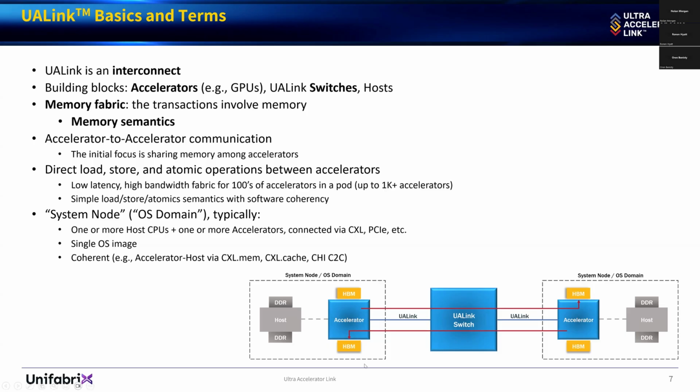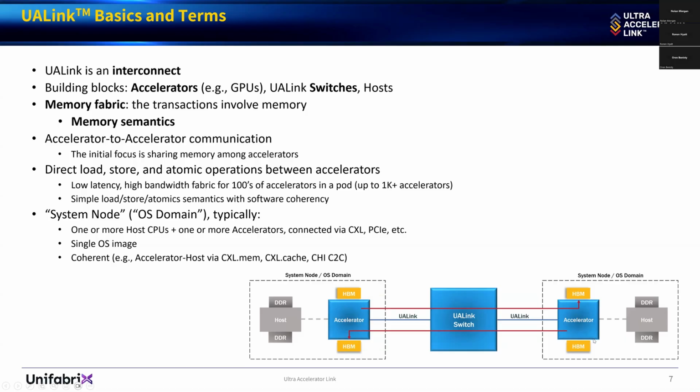We also have here a system node, or an OS domain, which is typically one or more host CPUs and one or more accelerators connected to each other. And this goes typically via CXL, PCIe, or other types of interfaces that connect hosts to devices. So we see here the first accelerator in a first system domain connected via a UALink switch to a second accelerator that's in a second system node or OS domain.